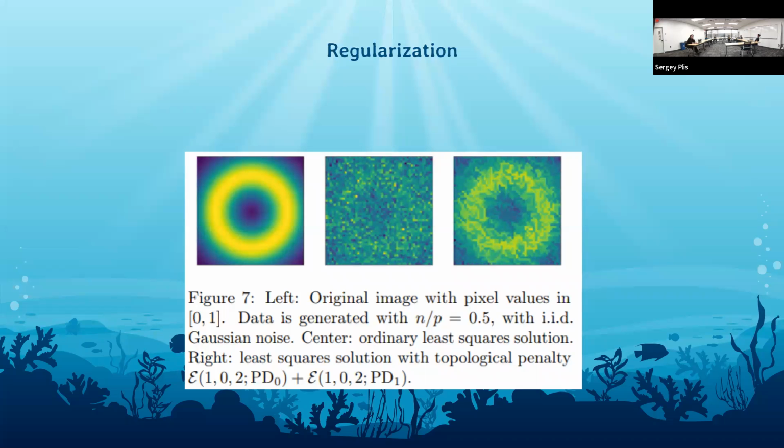What is the right side? The right side is with the topological loss. And so you can see that it's actually maintaining that topological shape really well. And in simpler terms, it's essentially reducing the number of holes. So it's reducing the number of disconnected points.